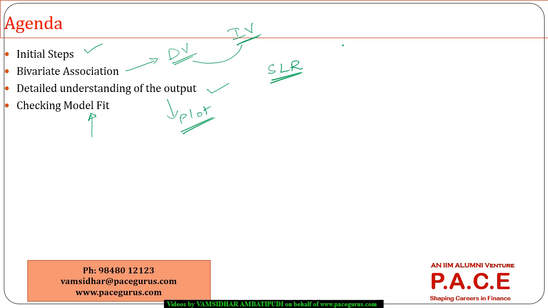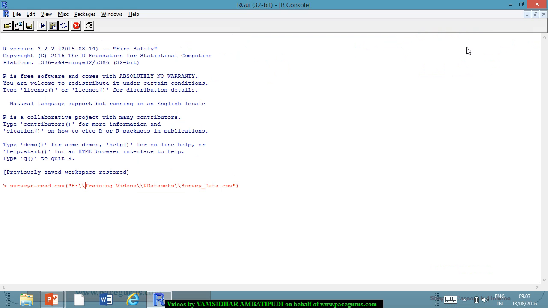For this purpose, I'm using one survey data that is typically conducted at an amusement park. A survey is conducted at an amusement park for the people who have visited this park. So let me just get that data.